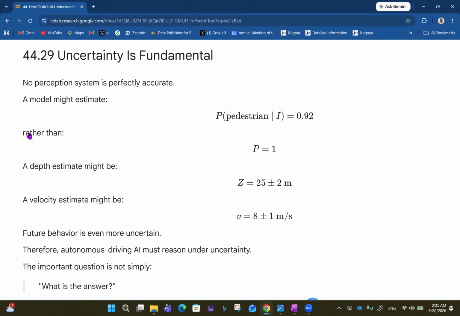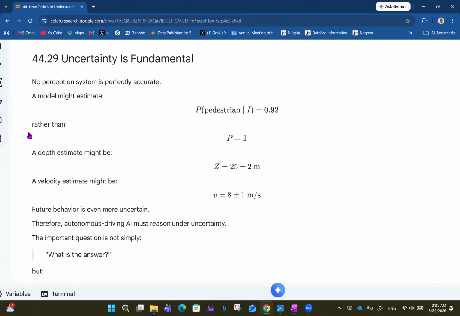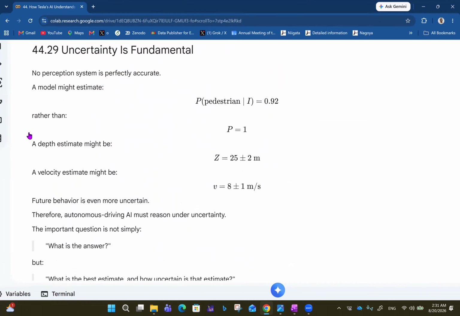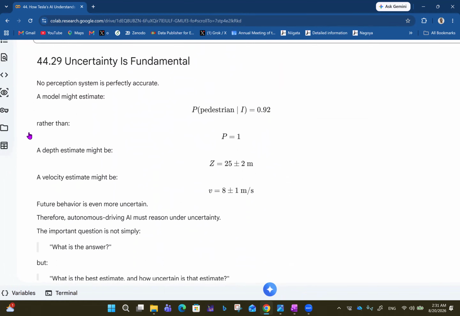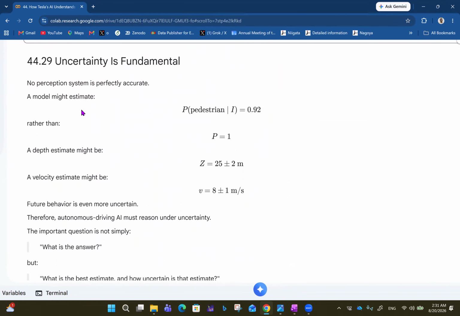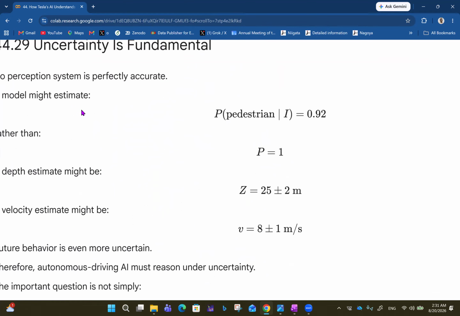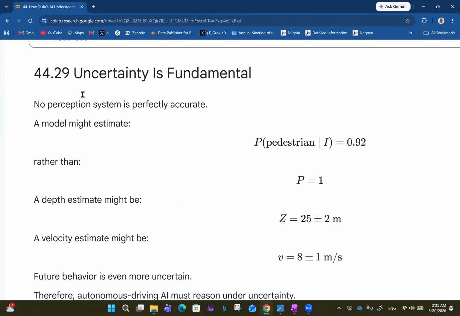So uncertainty is fundamental in this whole self-driving car system, like what you have for Tesla AI. No perception system is perfectly accurate, none. A model might estimate the probability of a pedestrian given the image as 0.92 rather than p equals 1, so no guarantee. A depth estimate might be z equals 25 plus or minus 2 meters, so it gives margins of error.